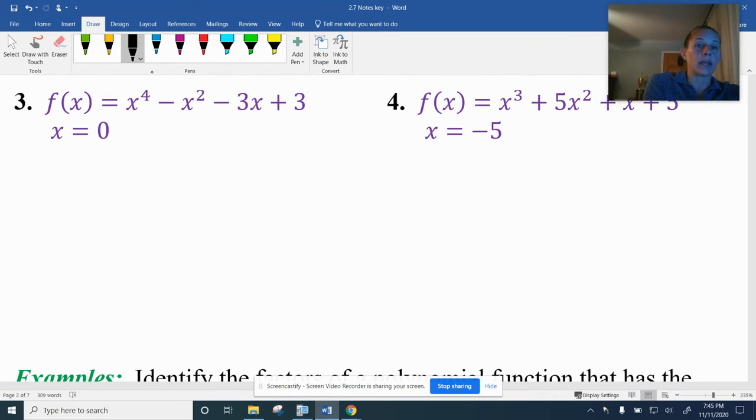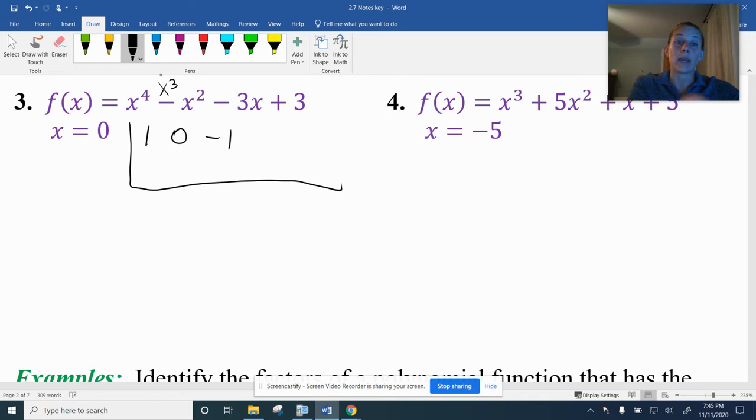Okay, number 3, another example here. Now we want to be careful here because we notice that there is no x cubed in our problem. So if you remember back to when we did synthetic division or substitution, you have to put in that 0 placeholder where that x cubed would be, because the coefficient is technically a 0 if it's not there.